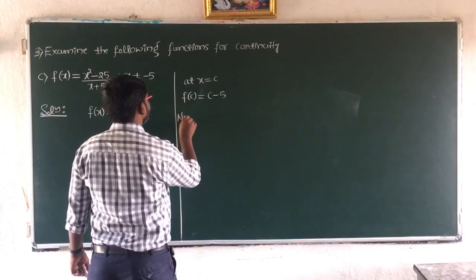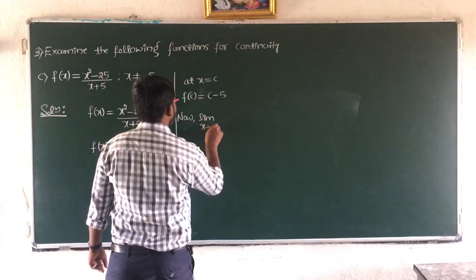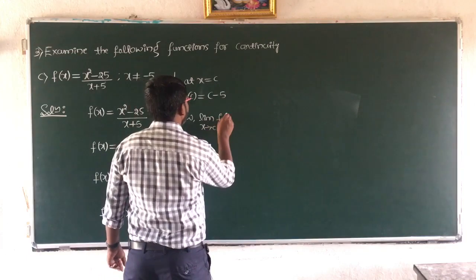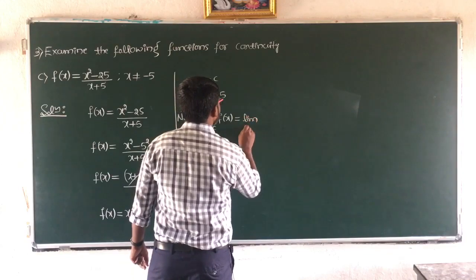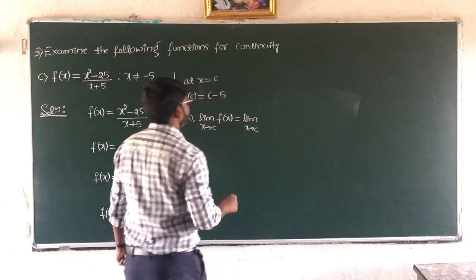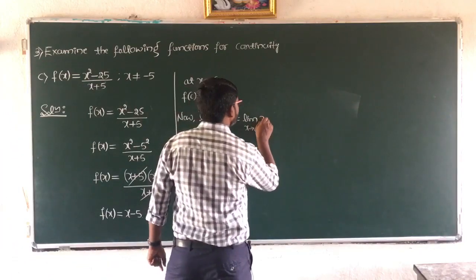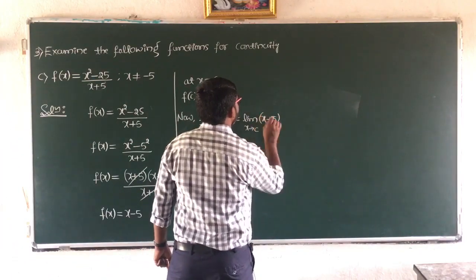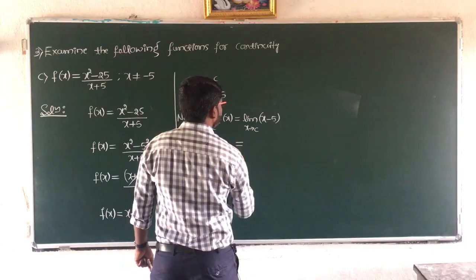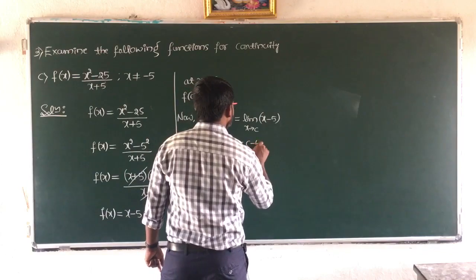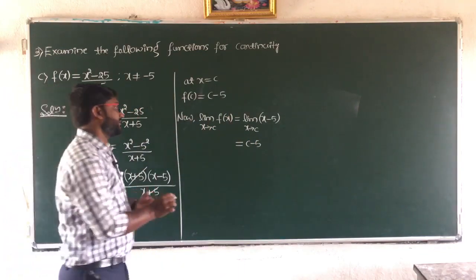Now limit x tends to c, f of x. What is f of x now? It is x minus 5. Now apply the limit, we get c minus 5. So the value of the function is equal to the limit of the function.